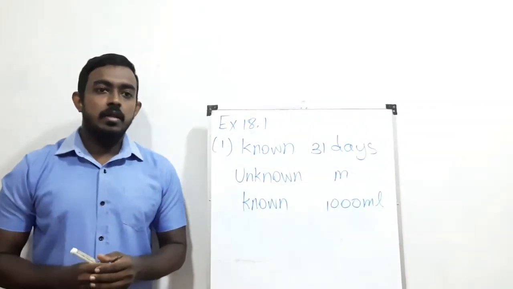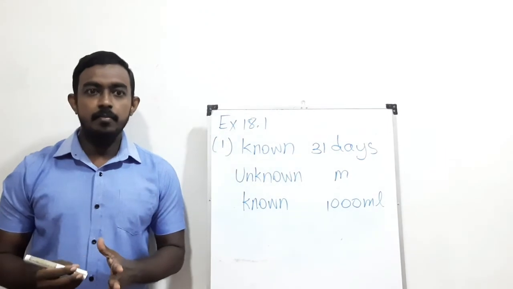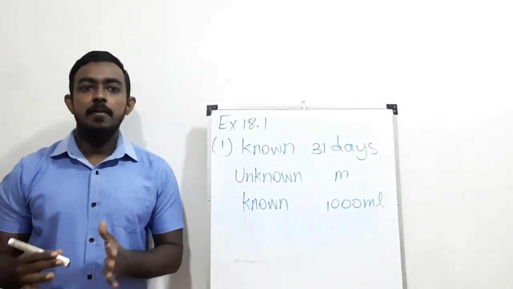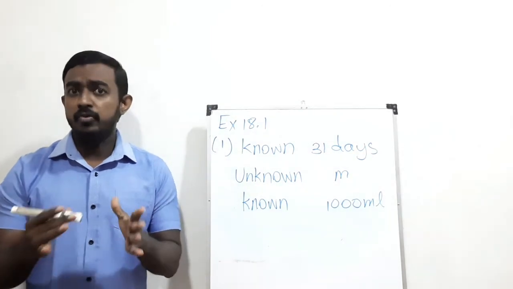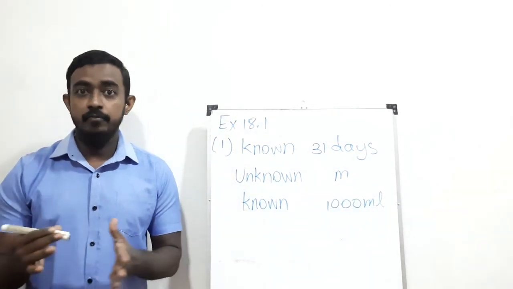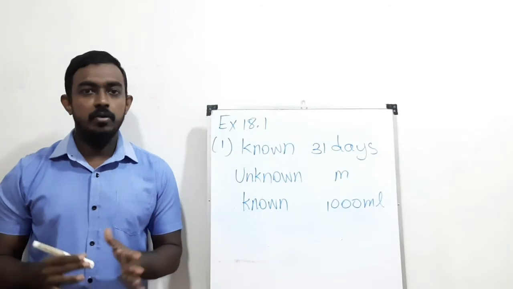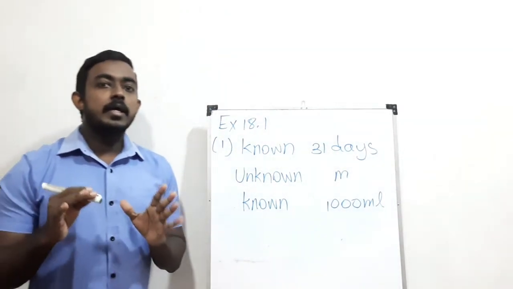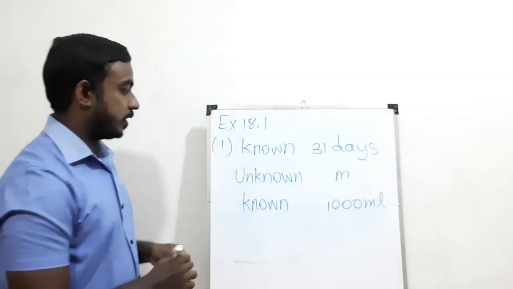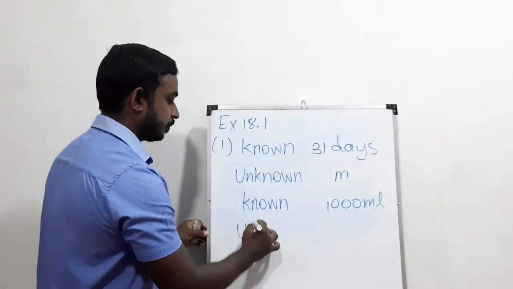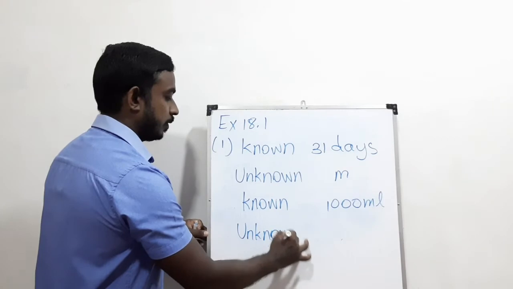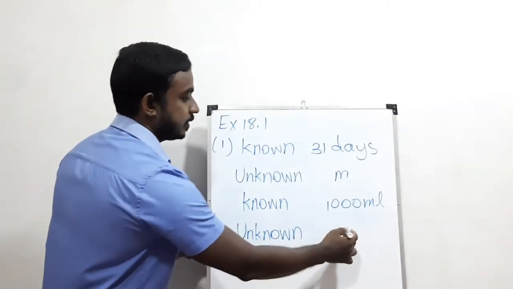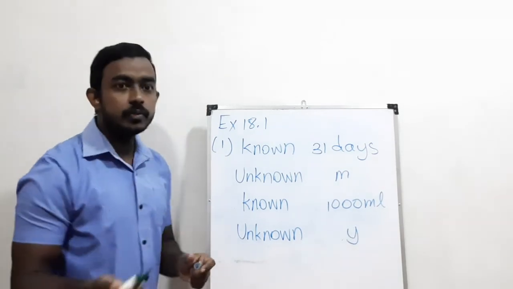Now, let us discuss the next one. The number of words in the grade 6 mathematics textbook. Have you ever counted the number of words in a mathematics textbook? No. Therefore, we write it as unknown, and we can give it an algebraic symbol such as Y or whatever you like.